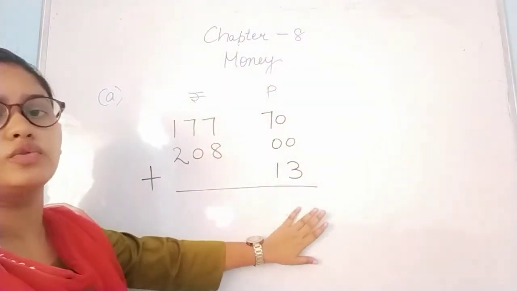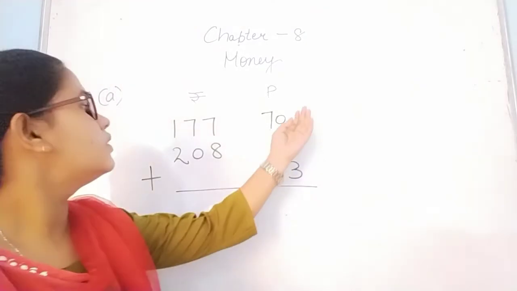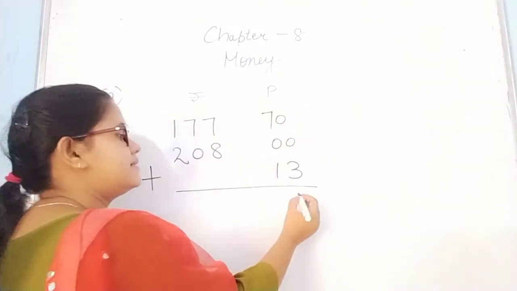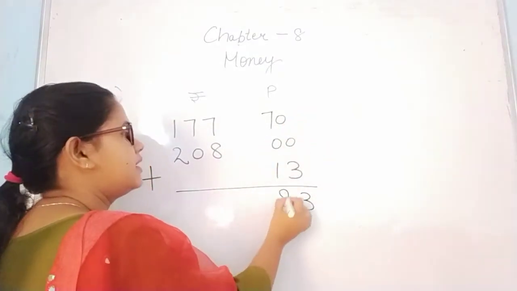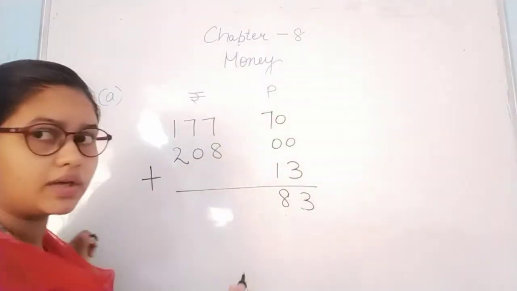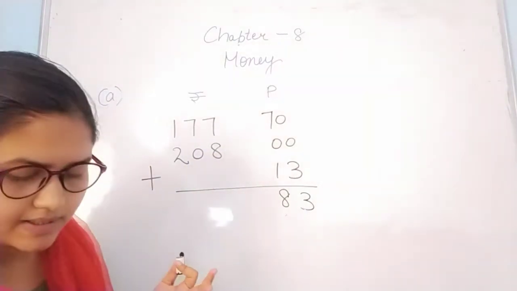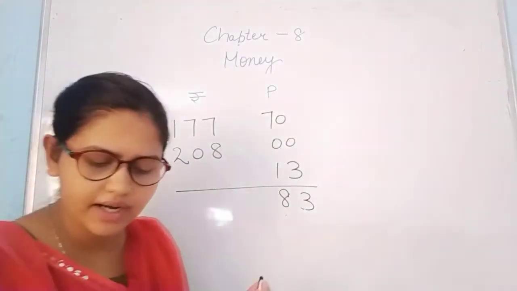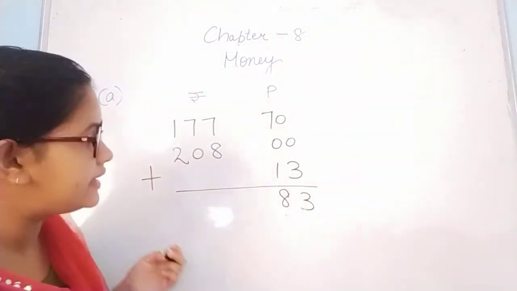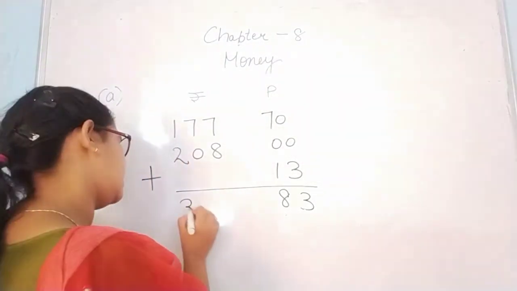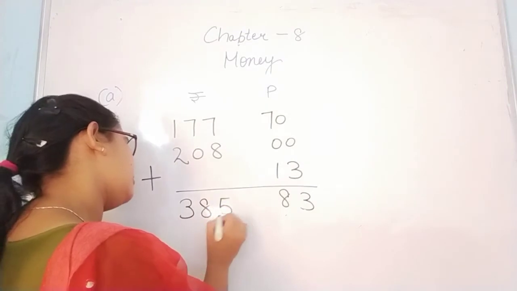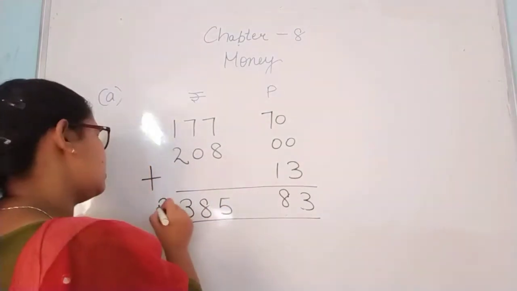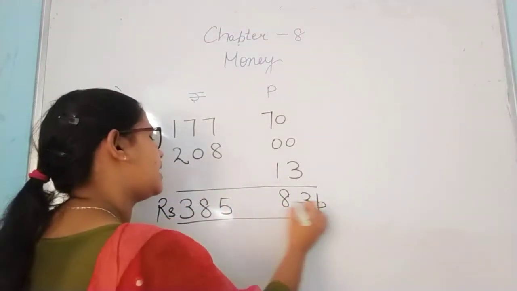Firstly, we will do paise: 0, 0, 3. Paise is 3. 7, 1, 8. We have to add all these. So the answer will be 385 rupees and 83 paise. By adding this, we get our answer.